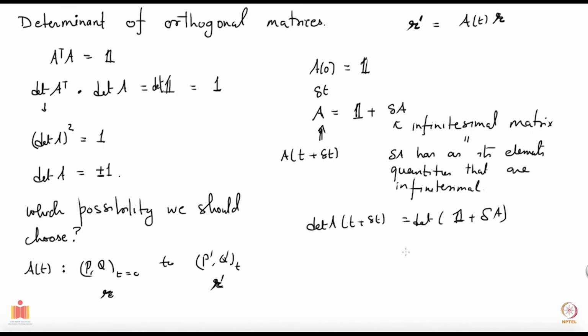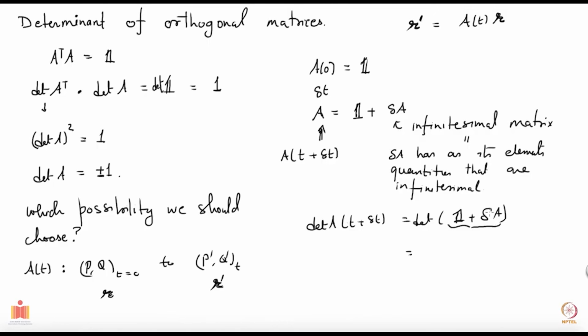Now let's look at the right hand side. If that delta A is not there, the determinant of the identity matrix is 1. Because I have identity plus an infinitesimal matrix, the determinant of this entire thing should be 1 plus a small quantity, something infinitesimal.